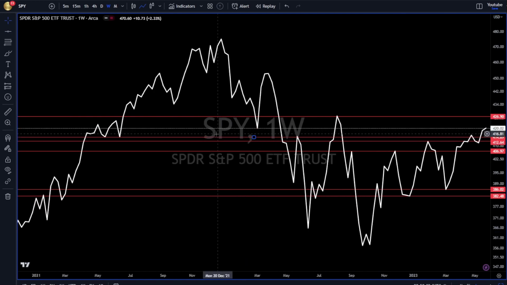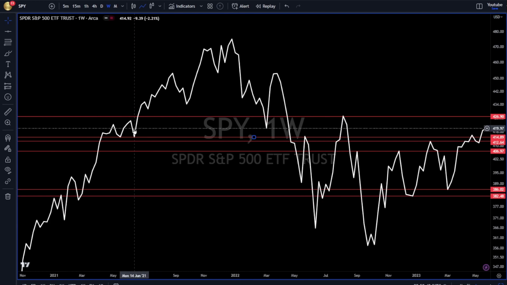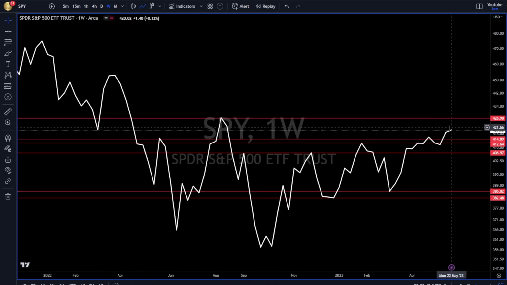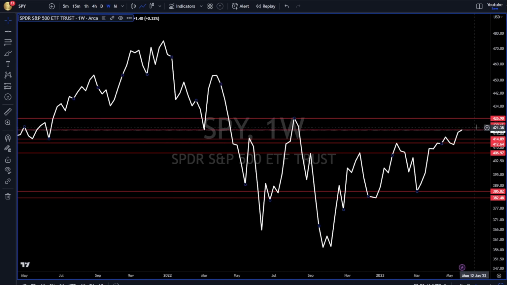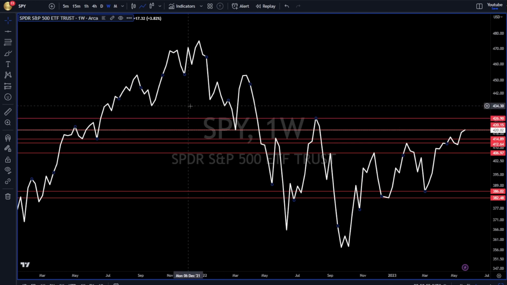Now, where might price be heading next? Above 420, look left. 420, support, resistance. Now, once again, resistance. Breaking up and above, where might price be heading next? No need to guess. 427. Above 427, look left. Where might price be heading next?